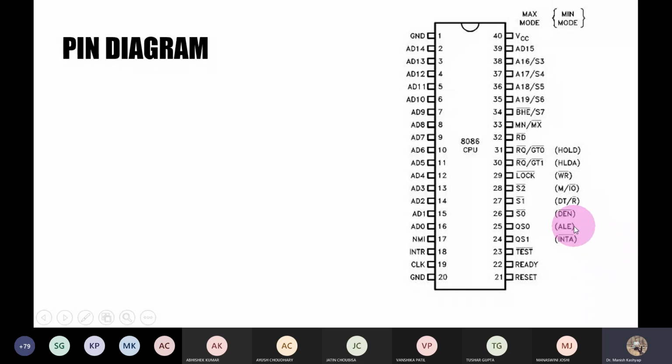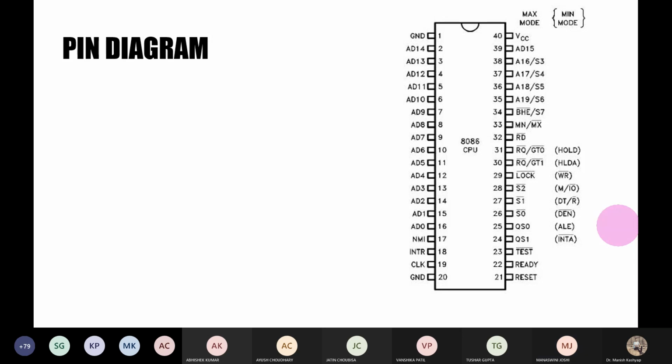So is the purpose of ALE clear to everyone now? Is the purpose of address latch enable clear? Yes or no?